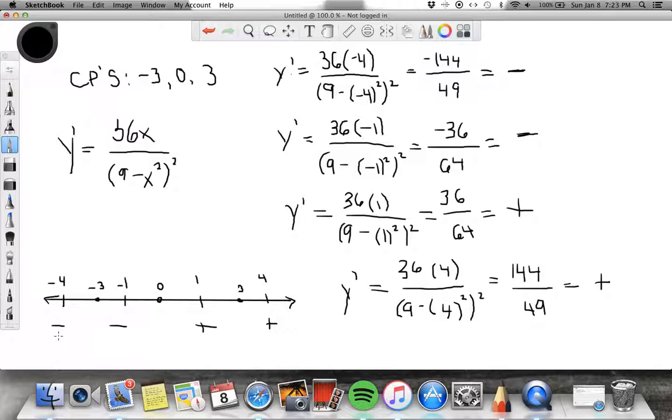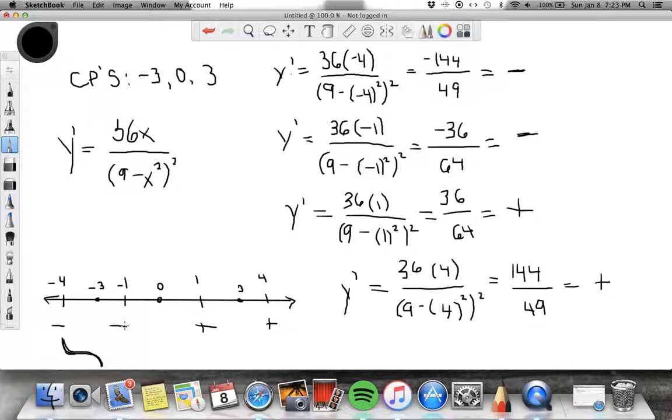So the negative sign means that the slope of the graph is negative, so it'll be going downwards. And then we have another negative here, so that means that the slope will continue to decrease, go down. So we'll have something like that.